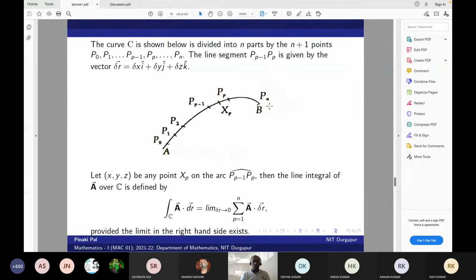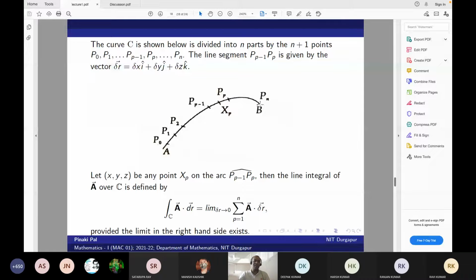So now the region of integration is a space curve, a line in space. The region of integration has changed from a closed interval on a line to a portion of, or a finite part of, a line in space. And at each point on this line, a vector function is defined.